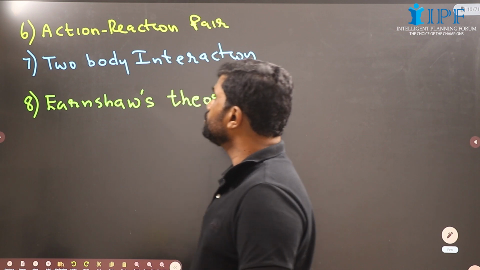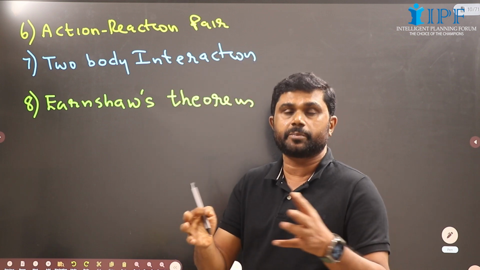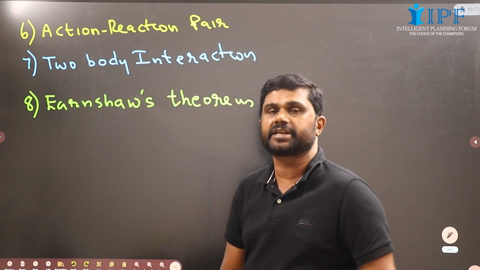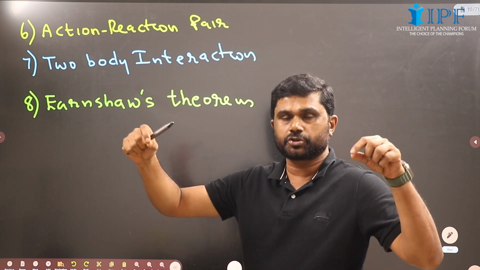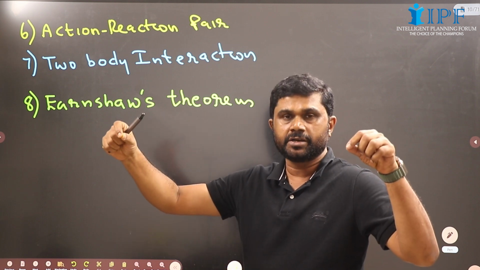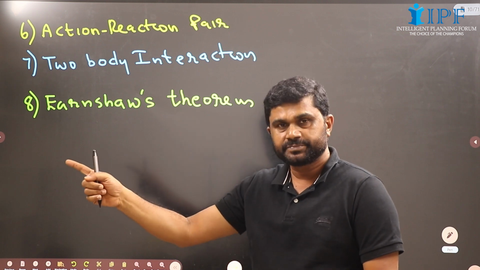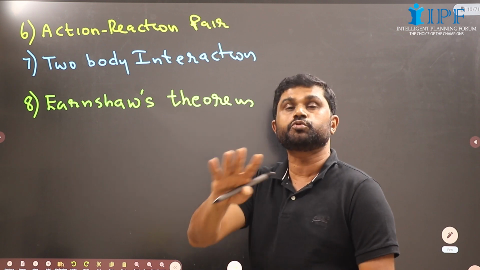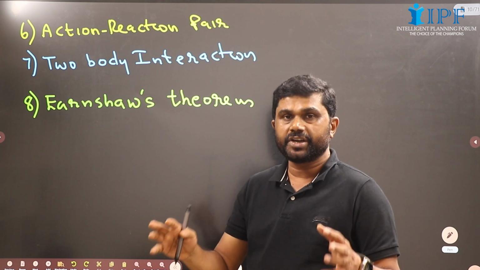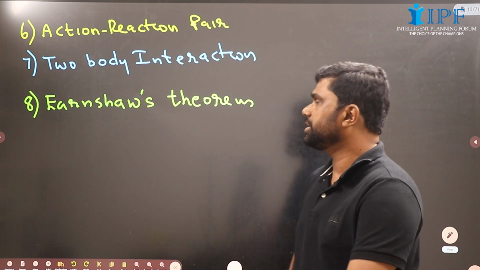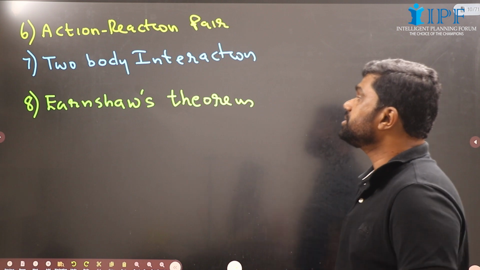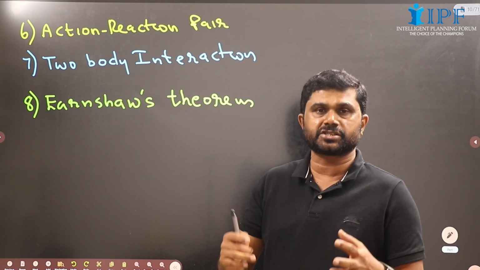Now, electric force is an action-reaction pair. Suppose we have two charged particles, Q1 and Q2. The force exerted by Q1 on Q2 and the reaction exerted by Q2 on Q1 are always equal in magnitude and opposite in direction. It is also a two-body interaction.